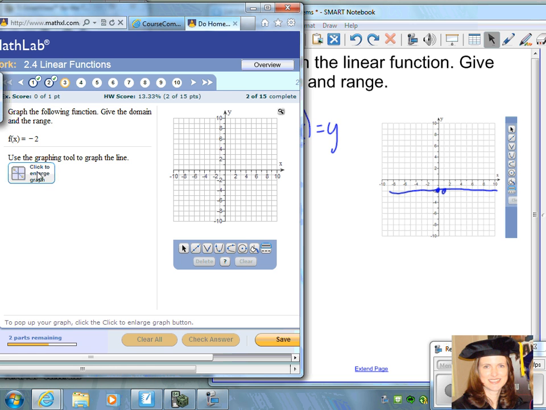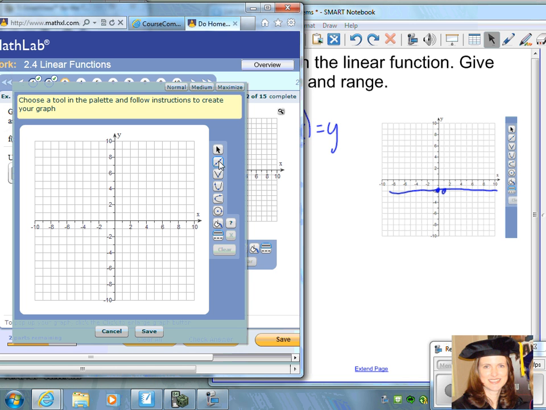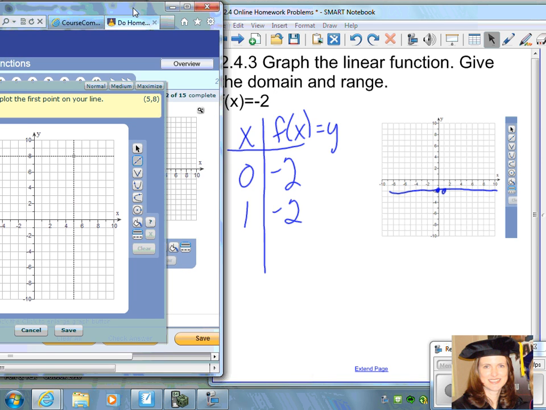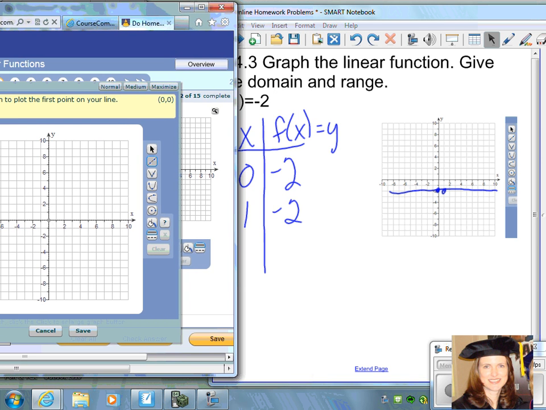Using the graphing tool, you're going to select the line tool option, click on that one time, and plot the first point, which was 0, negative 2, and my second point was 1, negative 2.